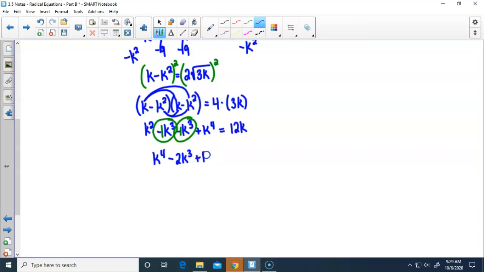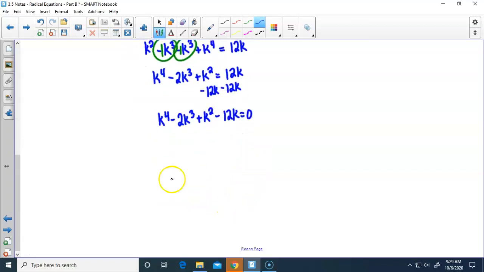And then plus k squared equals 12k. And then I need to move this 12k over here to the other side. So I've got k to the fourth minus 2k to the third plus k squared minus 12k equals 0.